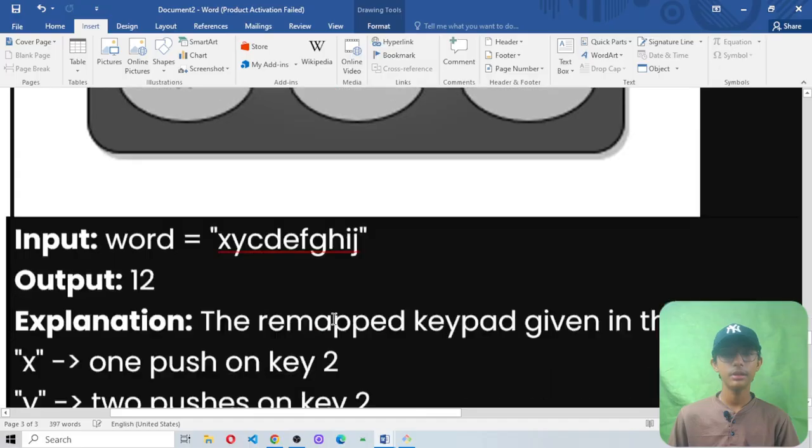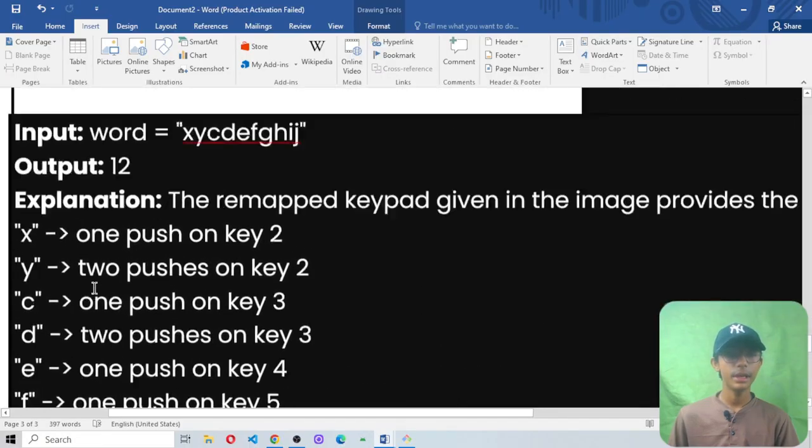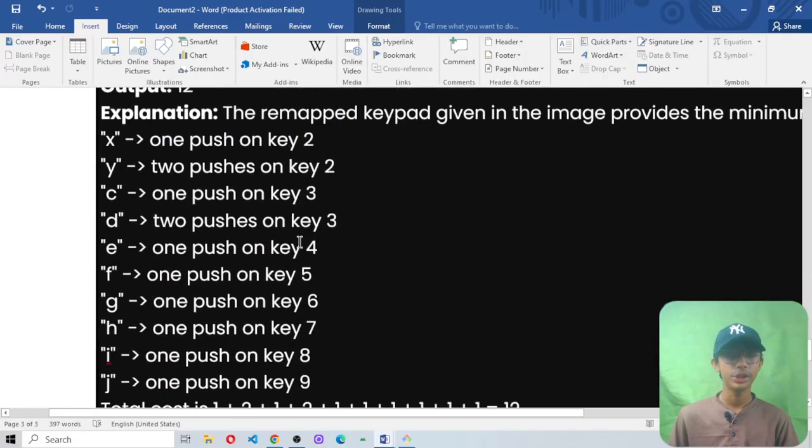So it is looking like this: A, B, C, D, E, and then F, then G, and then H, then I, then J, like this.